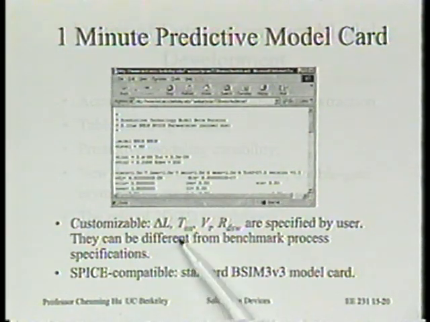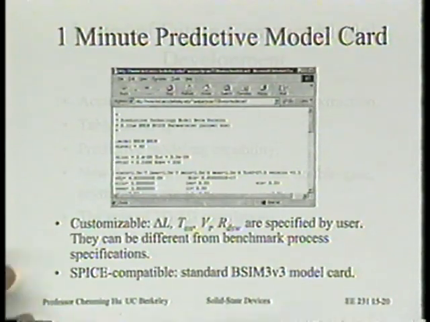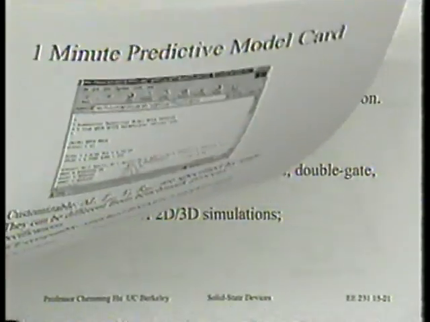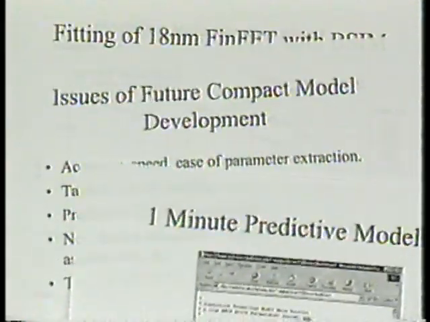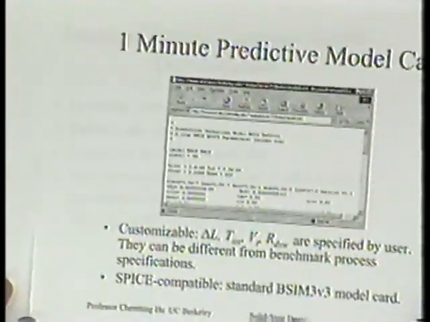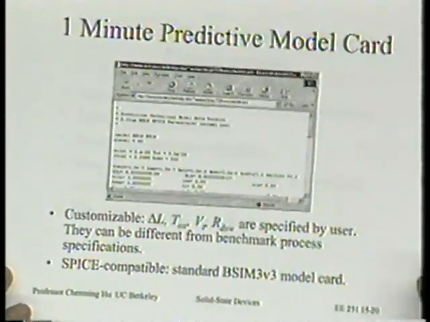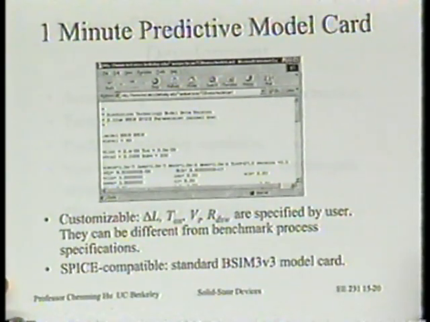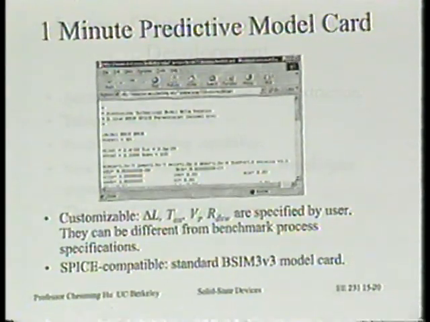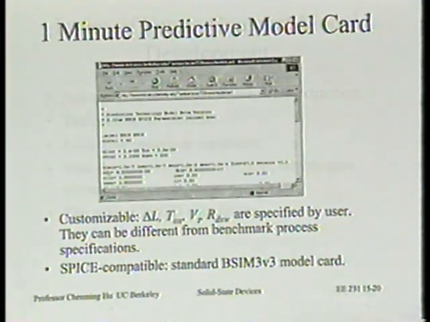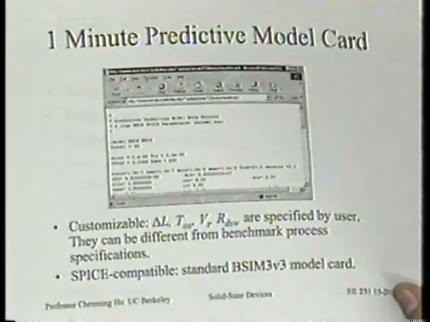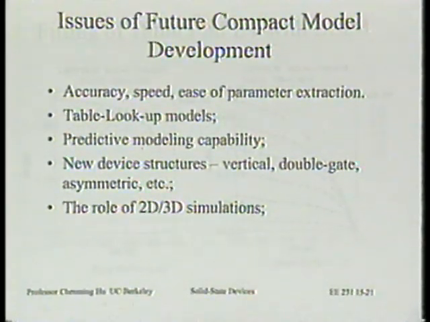So you can customize delta L, TOX, VT, and RDS, and you can specify that. And let's see what else. Okay. What I did not mention to you is that Kevin also put in a default capacitance model for line to line or adjacent layer or the same layer, and for local interconnect and global interconnect, he also has some fairly simple capacitance model.